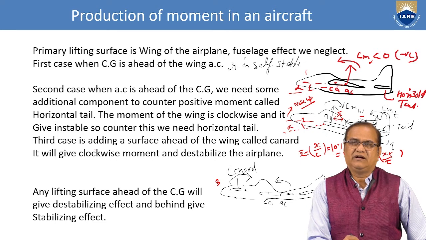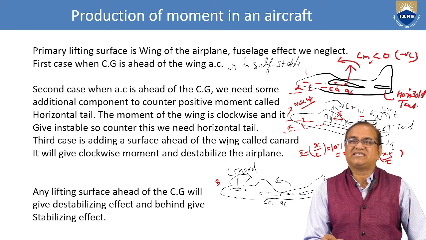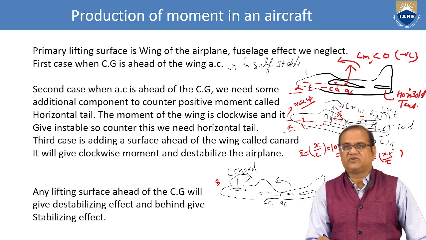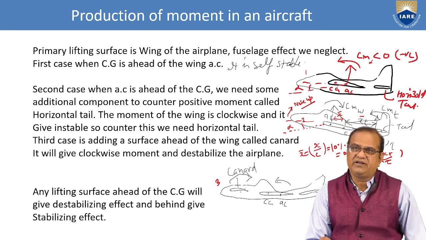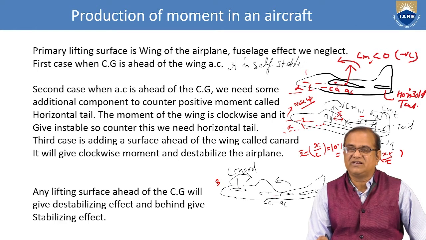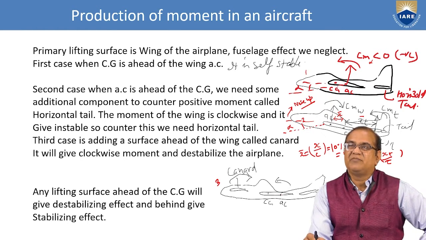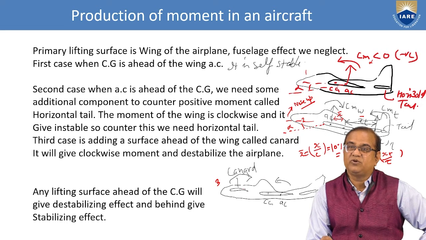Now if you see, the third case is adding a surface ahead of the wing called the canard. So if we add a canard ahead of this wing, if AC is behind the CG, it is making nose down, but if you put this canard, it will make nose up.